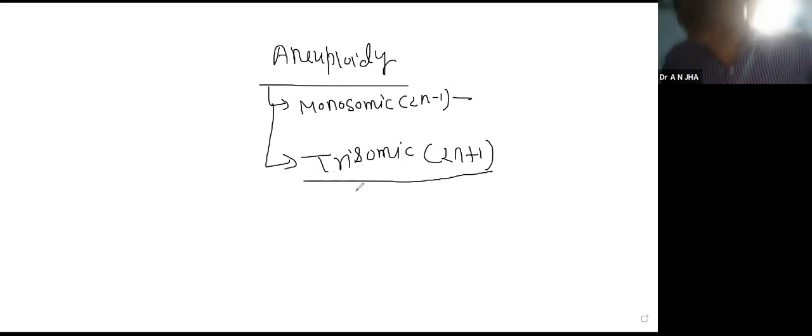So trisomy means one chromosome is more. How will one chromosome be more?